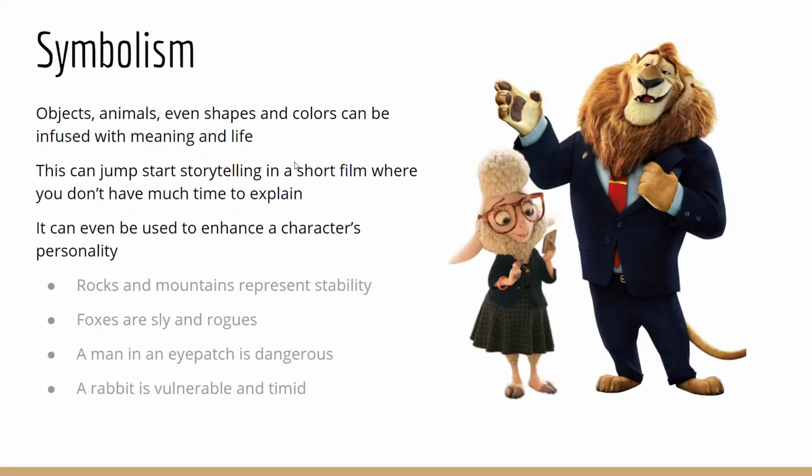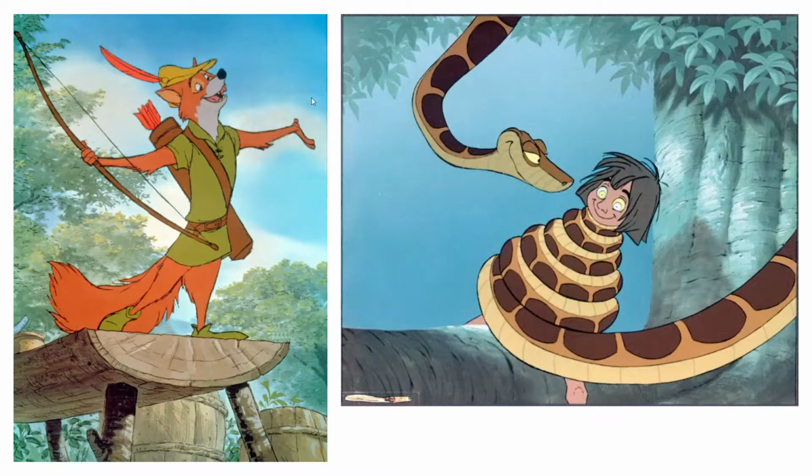He's not necessarily brave or strong, but he's wily and he's clever, right? Snakes, we usually associate with being tricksters or deceptive, right? And so in The Jungle Book and a lot of other movies that have snakes in them, including Harry Potter, the snake is seen as an evil or deceitful character.